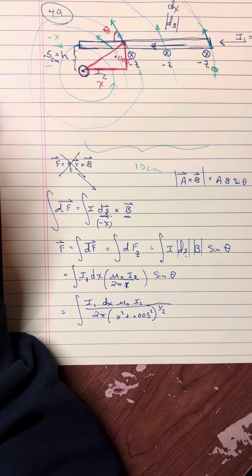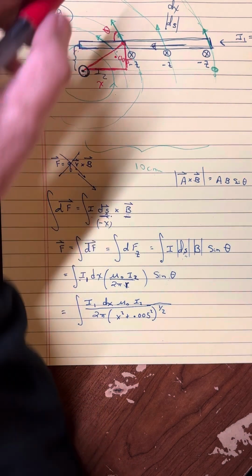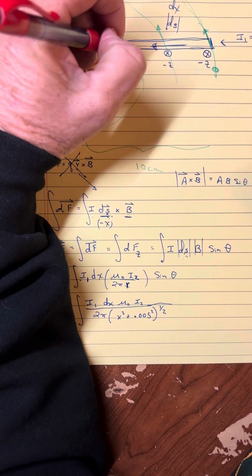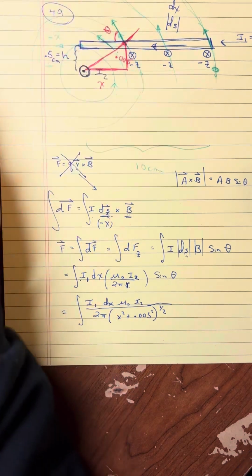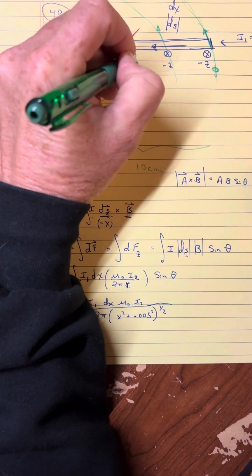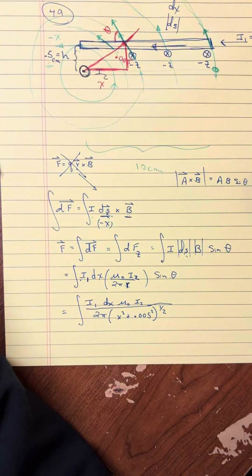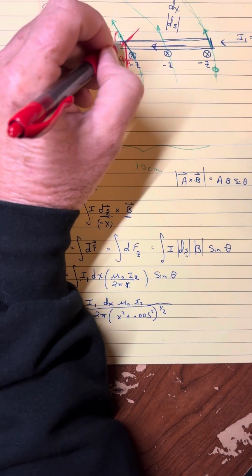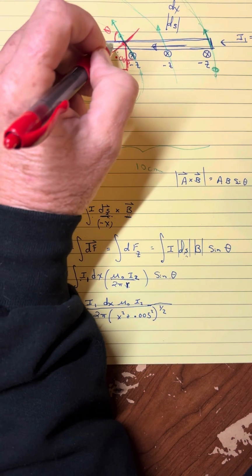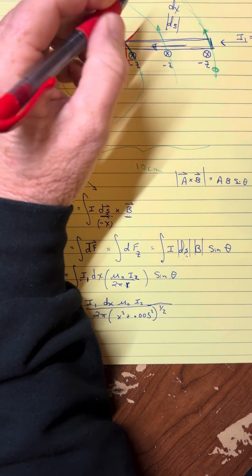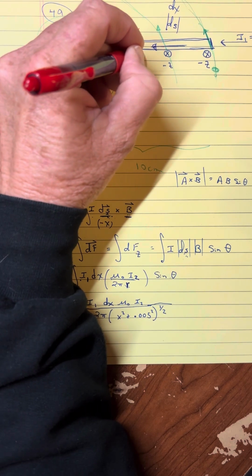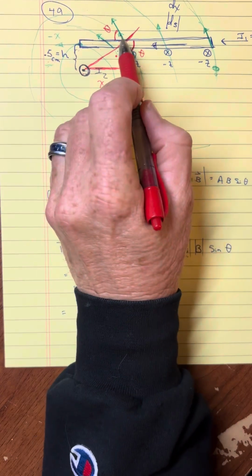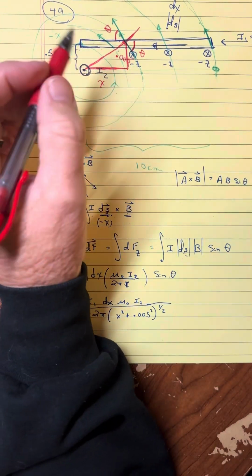And here's why this is, I'm trying to think of maybe the best way to go with this. If I extend this line out and the magnetic field out, then let's see, this angle here would also be theta between the horizontal and going down.